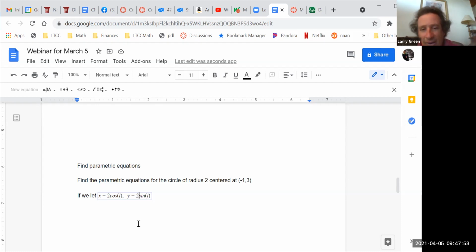Okay, now the problem is I'm not centered at -1, 3. So the key on this is, and it's very easy, I need to get x to be -1, right? I want it centered at -1, 3. So I want x to be -1. Okay, so what can I do?